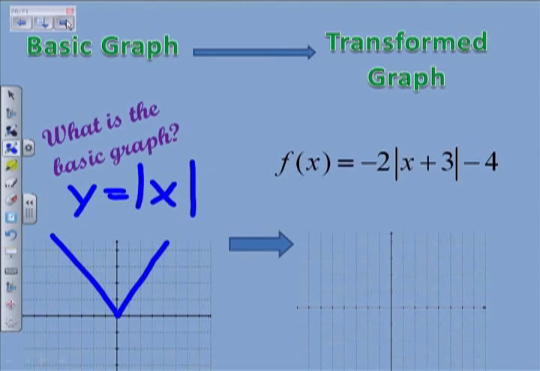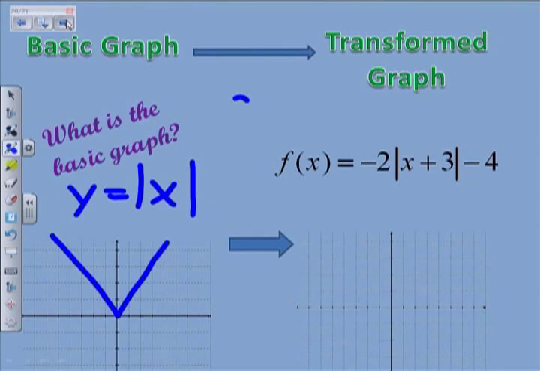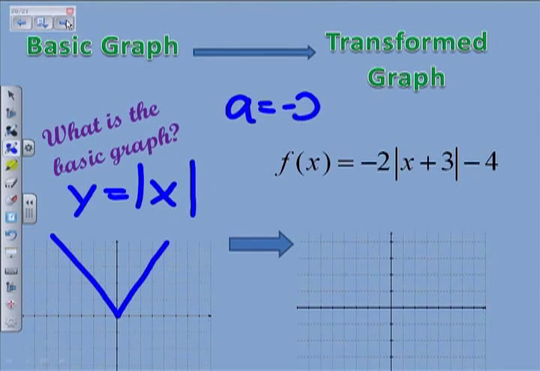Now, I don't care if you write these parameters down, but if it helps you, do so. My A value is -2. So you might think, what's that going to do? That's the vertical stretch, and because he's negative, flip over the x-axis. Okay? What's that 3? He's the C value, isn't he?